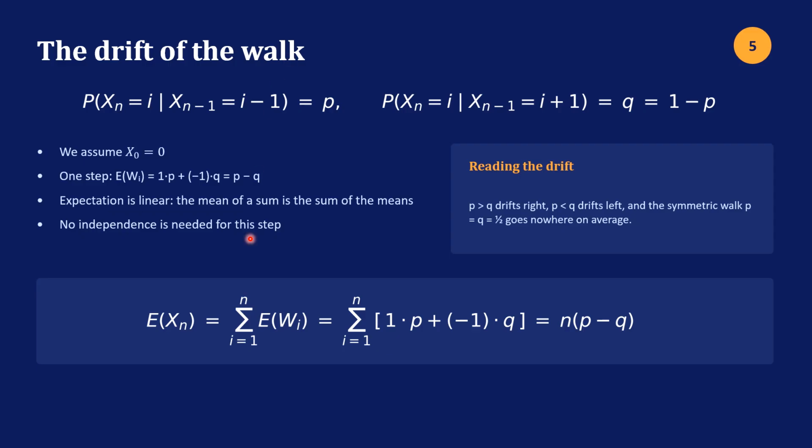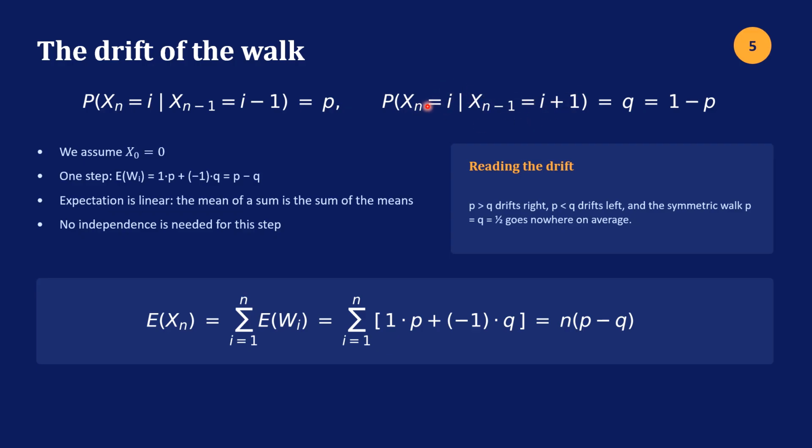The drift of the walk. So we have a conditional probability. It's saying the probability that you're in state i minus 1 at step n minus 1, and you go to state i at step n. In other words, you go one step to the right, positive direction, that's P. Then the probability that you're in the same state at step n minus 1, in state i plus 1, and then you go down 1 in your next step.